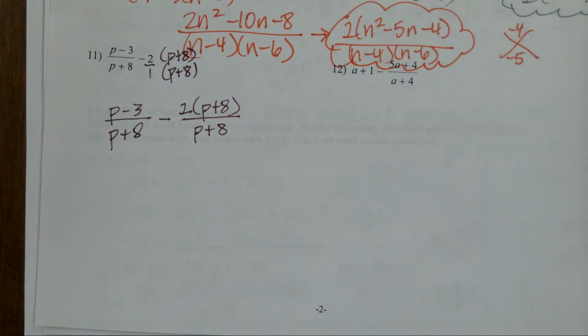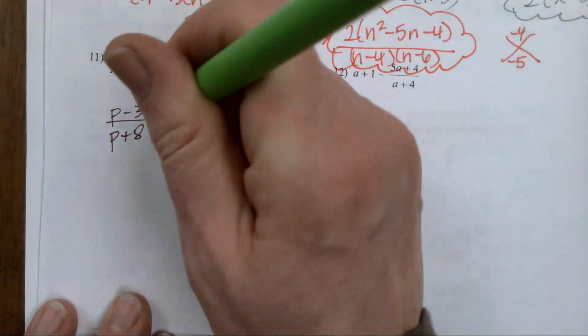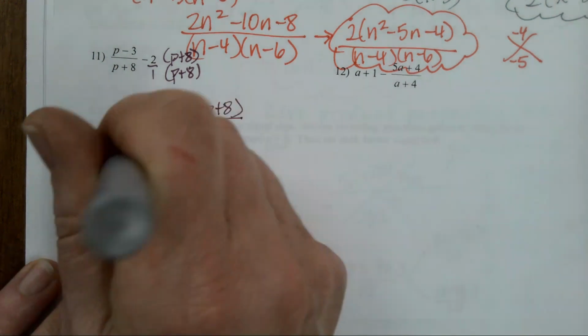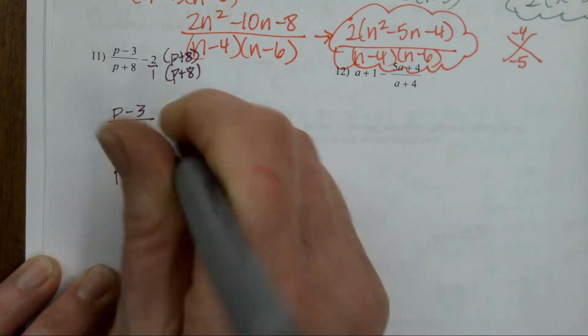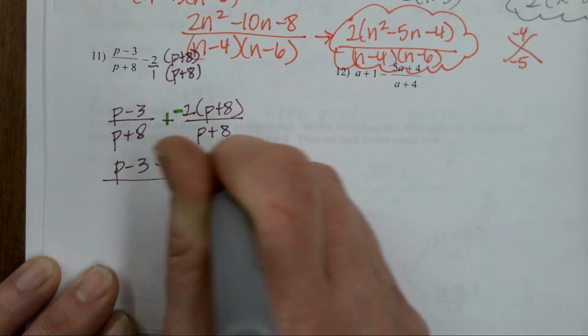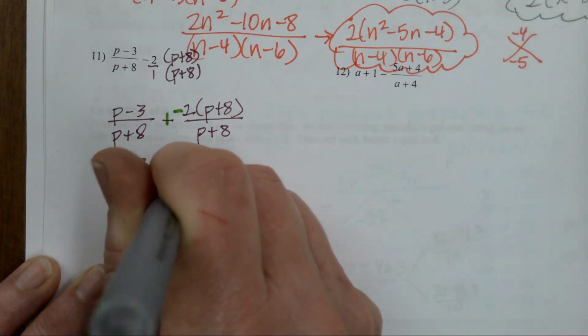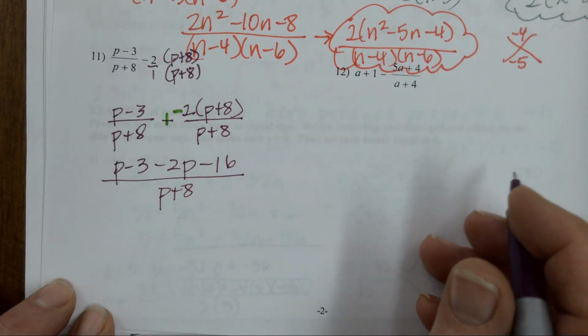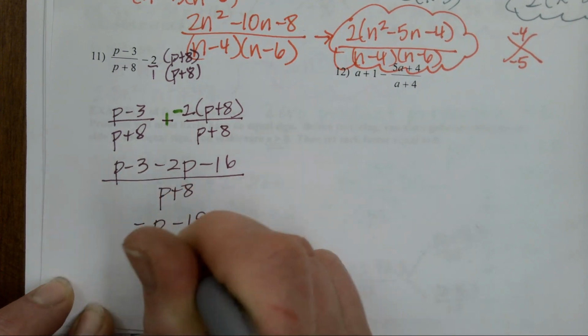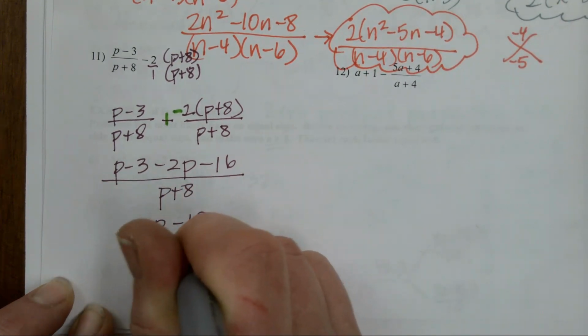So I'm going to go back to middle school, do my plus negative. Don't forget that. This is p minus 3 minus 2p minus 16 all over p plus 8, or negative p minus 19 over p plus 8.